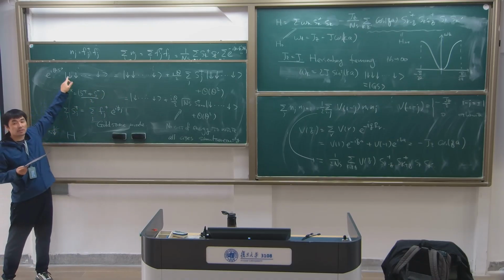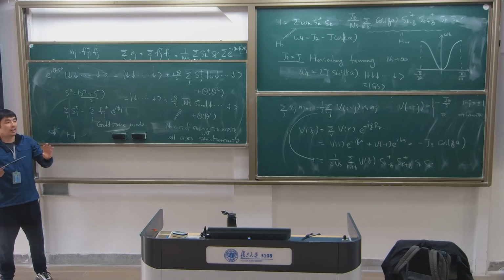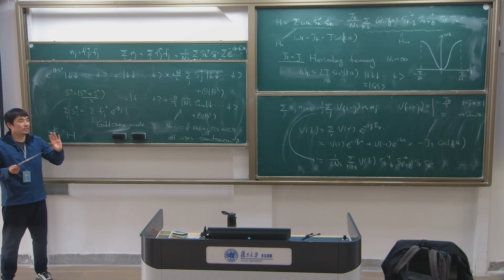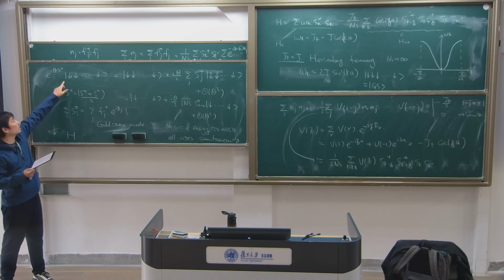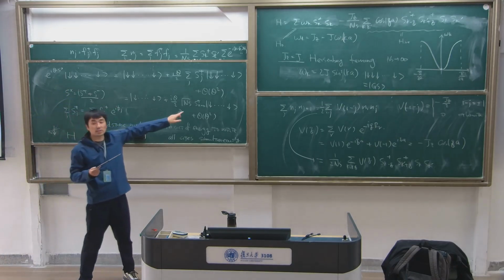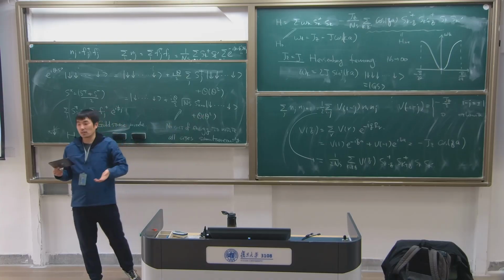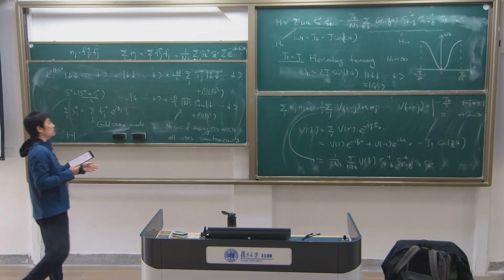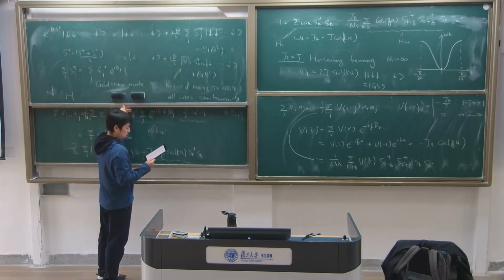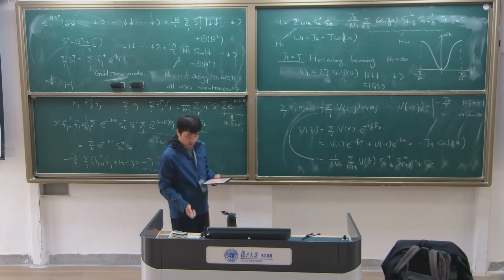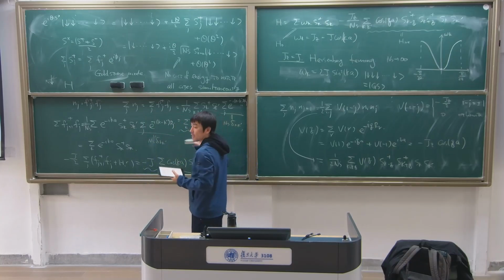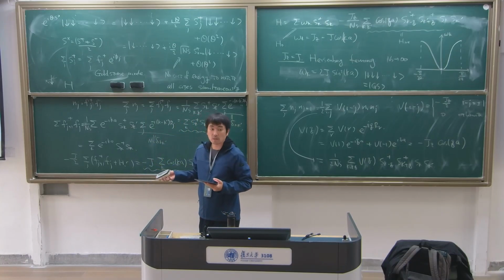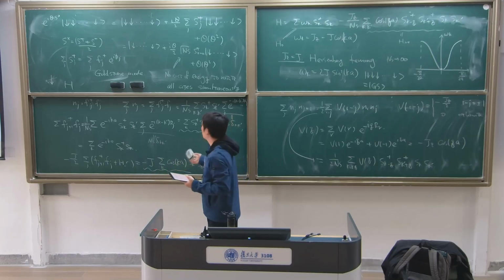This state clearly only enjoys the z-axis rotation, not x and y. But if you act with the x and y rotation, you get a different state without costing any energy. Any questions at all? Is it okay?